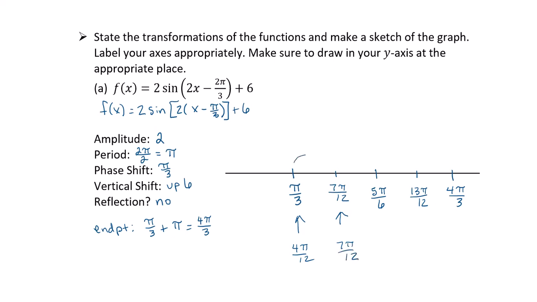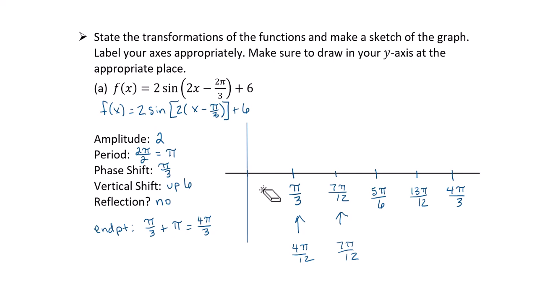So if we have 3 pi over 12 between there, then we have 4 pi over 12 between this pi over 3 and the y-axis. So it's going to be just a little bit further than being equidistant. So I'm going to scooch this over a little bit right here. And that's going to be where my y-axis sits. Here we are.